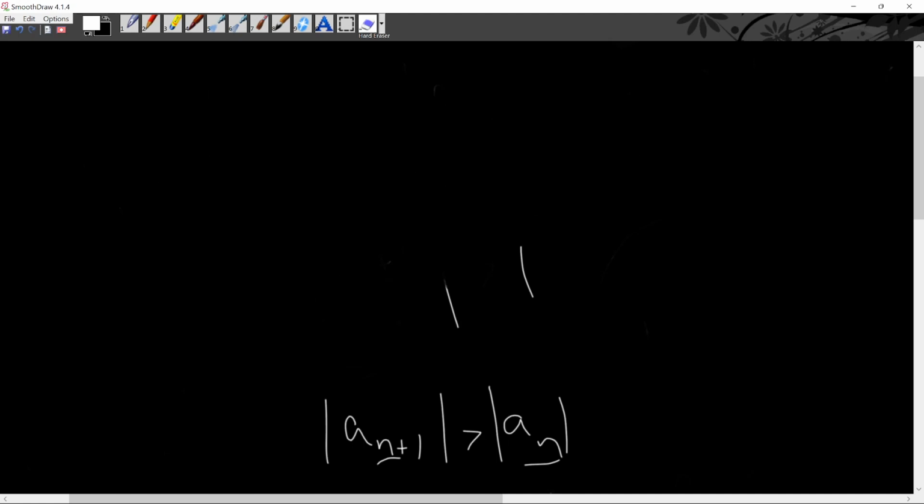Again, we'll do a ratio test example just to sort of prove it. So we have 1 over n squared. Wait, is this a good example? Let me think.